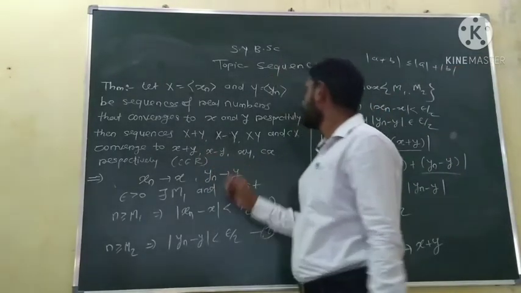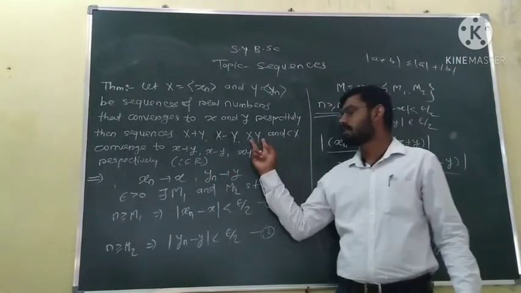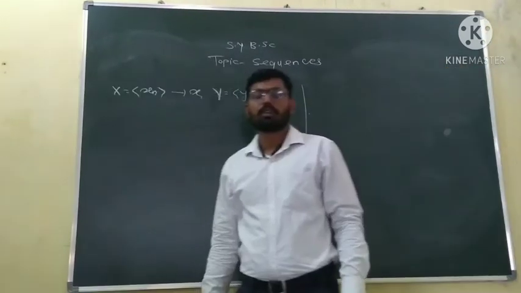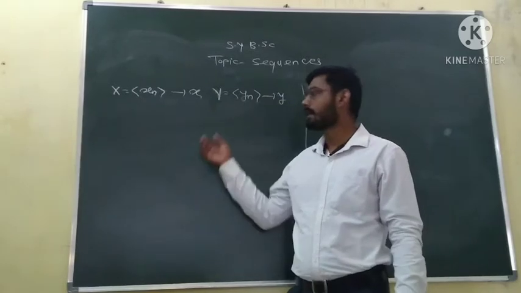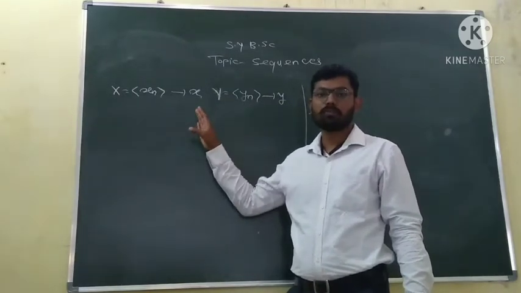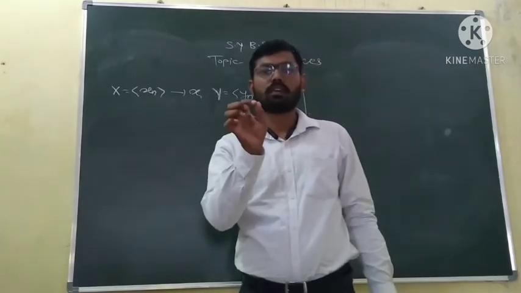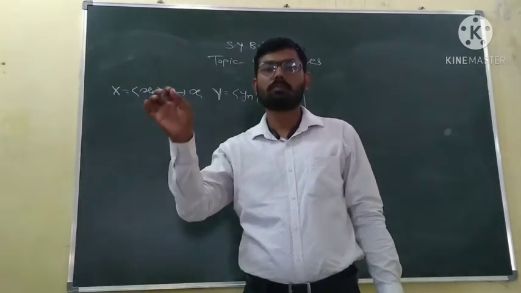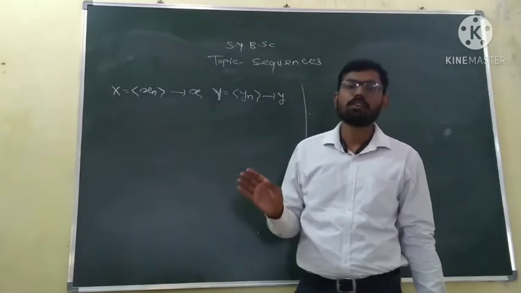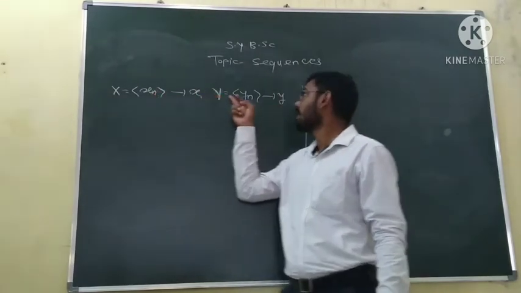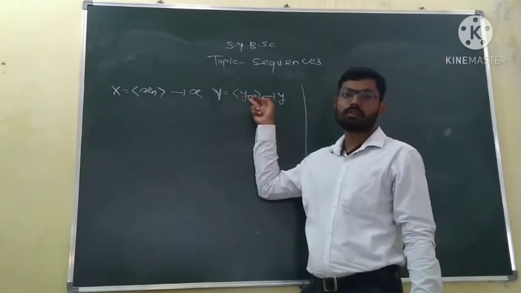Now we will prove that the product of sequences converges to the product of their limits. Now we will go to the next part of the theorem. In the next part we will prove that the product of two convergent sequences converges to the product of their limits. We are given two sequences, xn converges to x and yn converges to y.